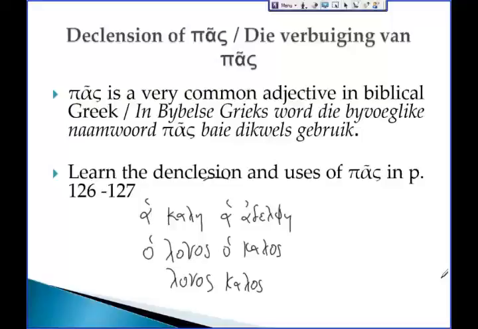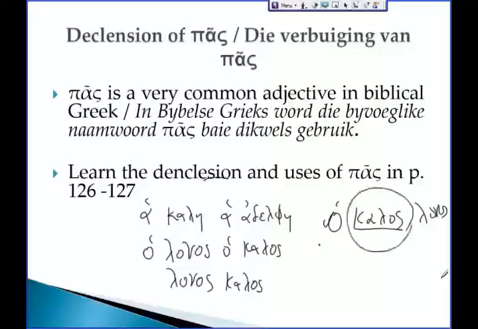The adjective and the noun with their own articles. And that is the same example. The other one that you know is ho kalos and then logos. Otherwise, if the adjective comes without an article, then it must be situated in between.